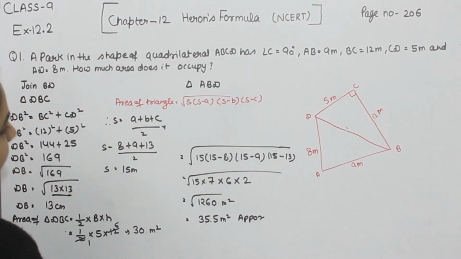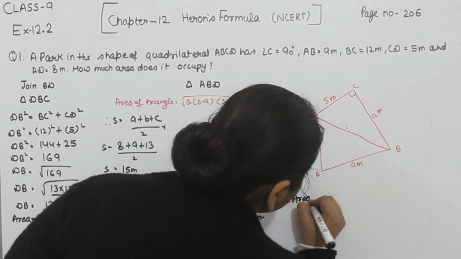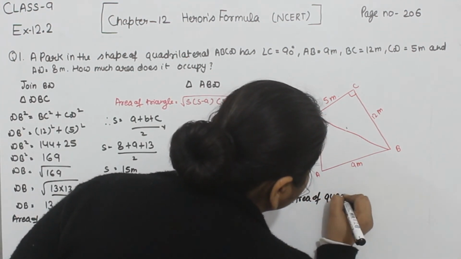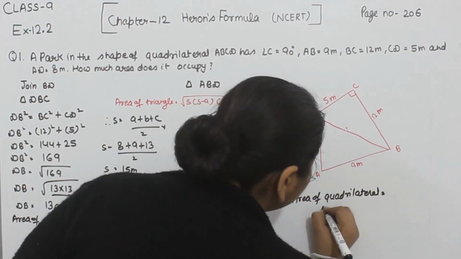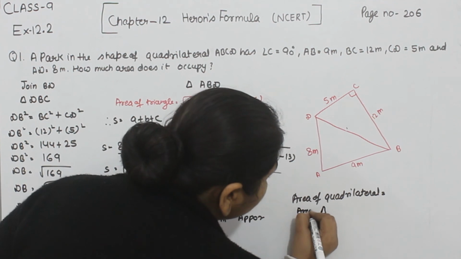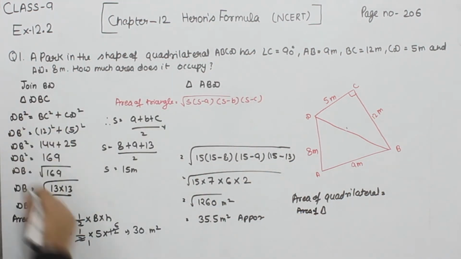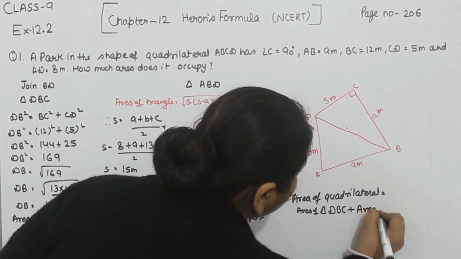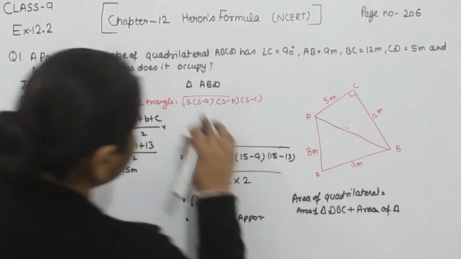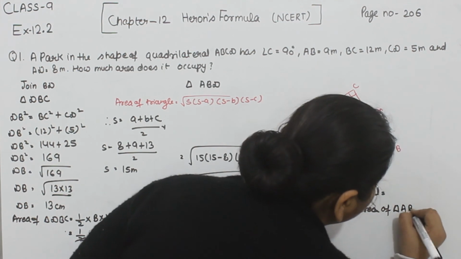So we are going to write here, area of quadrilateral is equal to the area of triangle, the first one we have DBC, plus area of triangle, the second one we have ABD.